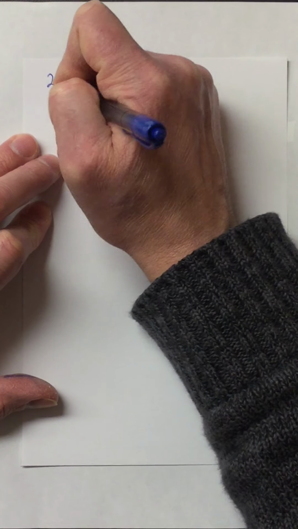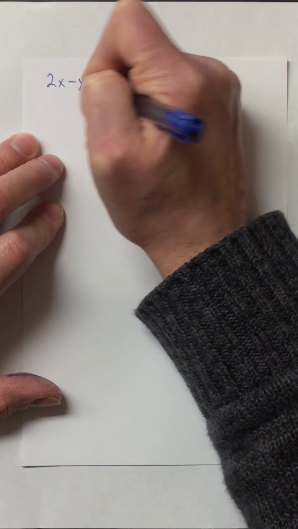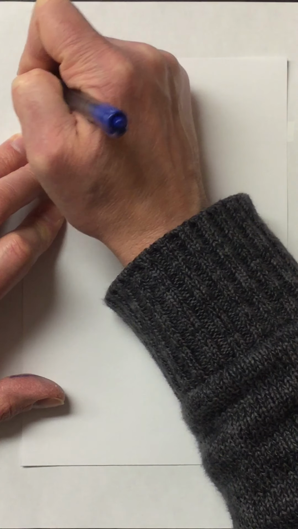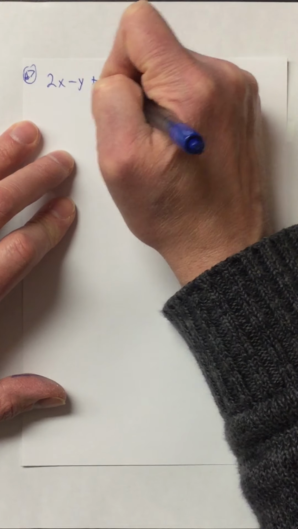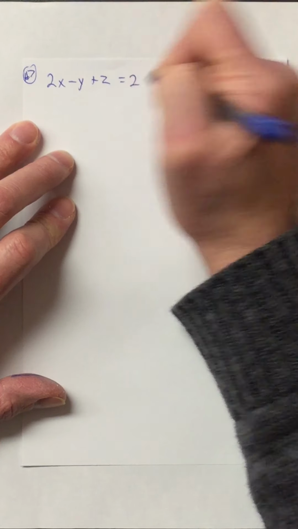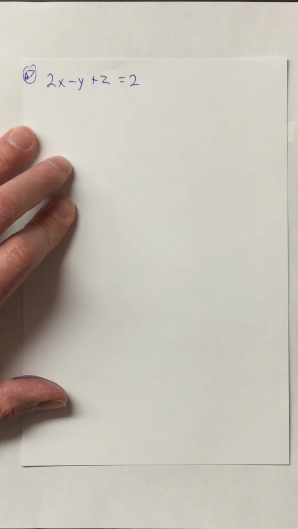And number 7 has 2x minus y plus z. This is number 7 in the homework. I'm doing this one because the answer comes out to whole numbers and not fractions. All right, 2x minus y plus z equals 2.